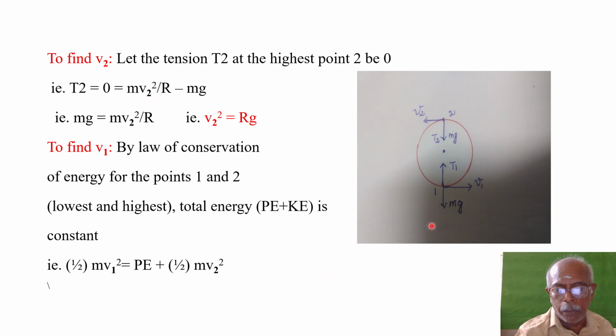At this point, the body will have more potential energy and this value is PE, which is mgh. It means mg into 2r, since h is 2r, the diameter of the circular loop.